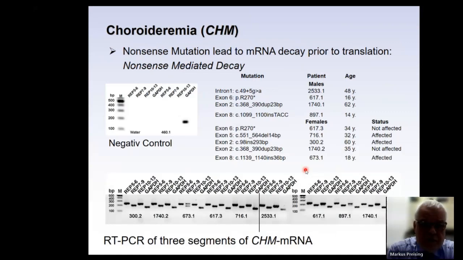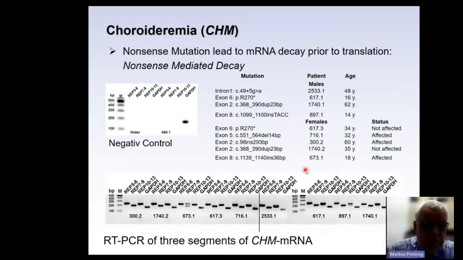Here we checked the expression of choroideremia mutations within the lymphocyte cells, because that is simply done due to the fact that the RAP1 protein is expressed in all cells of the body.